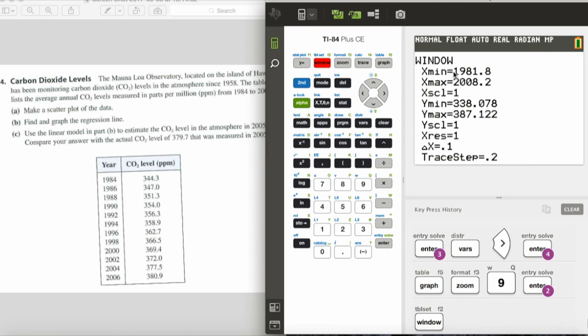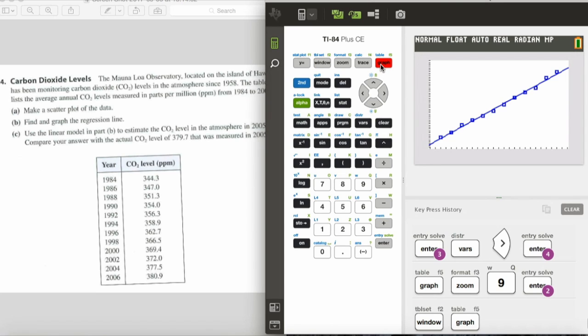The calculator helped me out and put me in the 1980s to early 2000s. It also limited the range of CO2 for the Y values. So it gave me a very good picture on the graph, and you can see how good the model is. 2005 is out at the end of the graph, but it's still within our data.